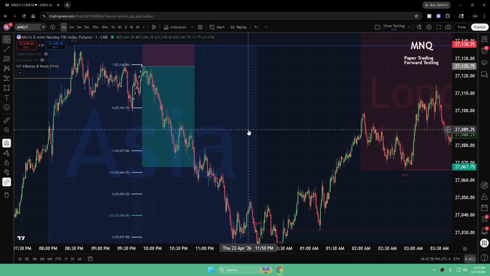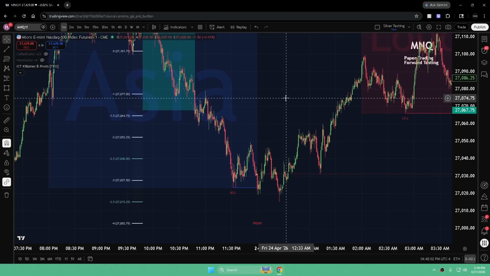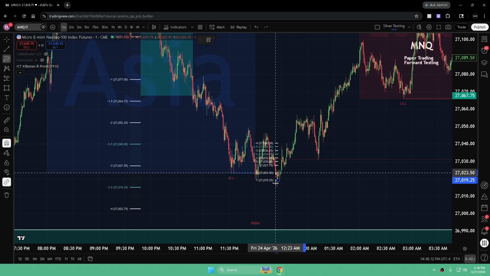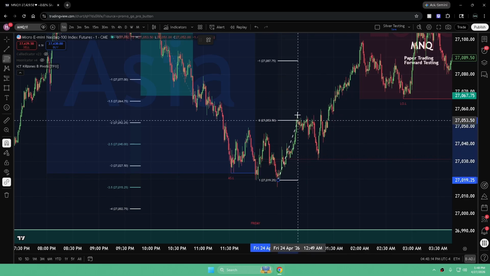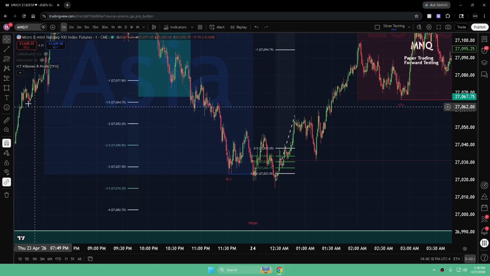So this leg's more valid because this is our last manipulation leg going before we go down. Then you see that it touches this, you take your lowest leg from this candle because this wick is a manipulation. Take it to candle wick, and you get your OTE right here.